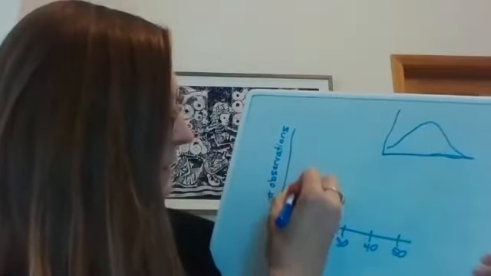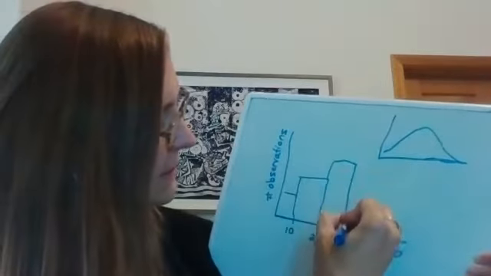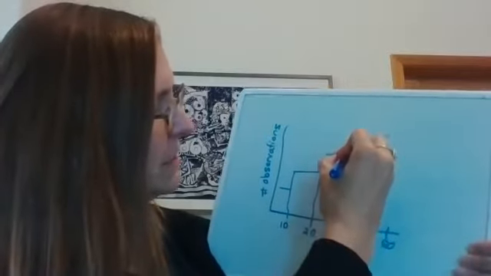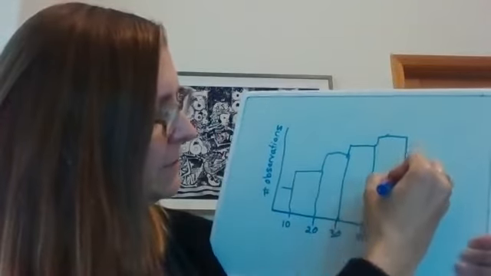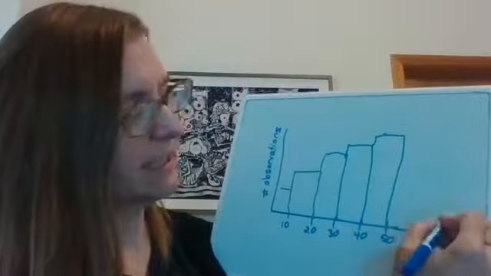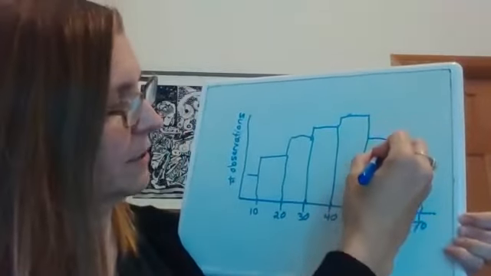Maybe I've got something like this, because I'm sampling a larger area. As I go out, I start to see more birds because I'm sampling more area. Remember the species area effect. It's higher here up to 50, and then past 50, the environment starts to make it hard to see the birds, and it goes back down.